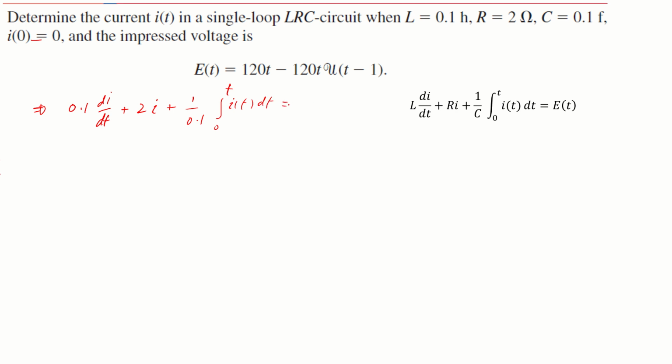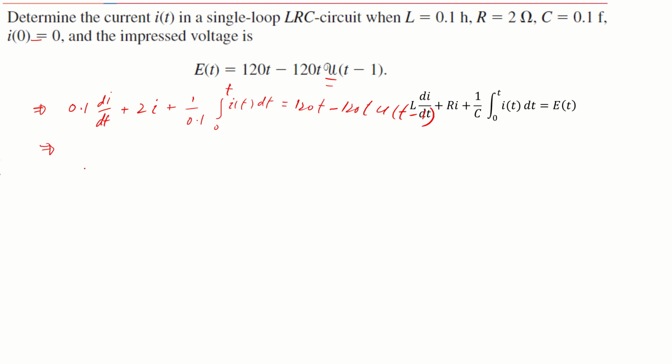is equal to 120t minus 120t u(t minus 1). We are keeping in mind u is what? That's the unit step function. We may simplify this by multiplying by 10.